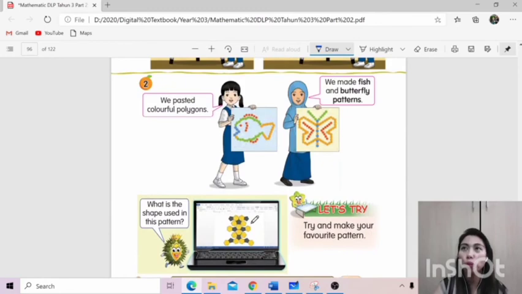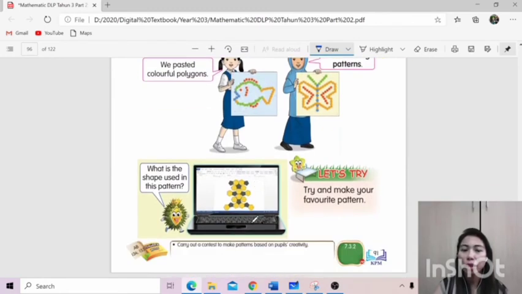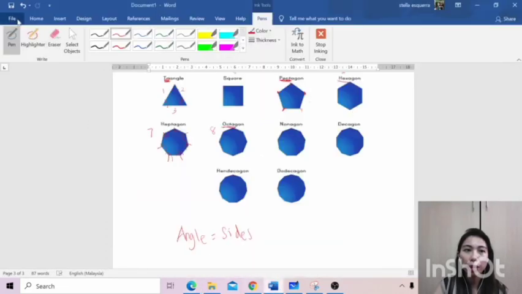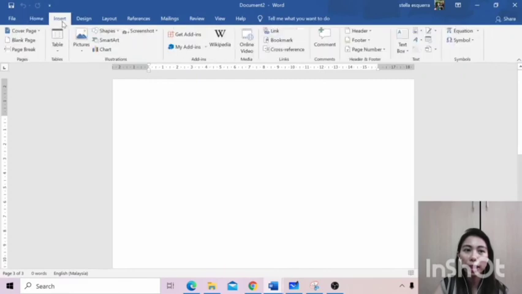You can draw, and then you can use your computer to make your pattern. If you have your computer at home, you can use Word. Inside Word, you go to Insert and go to Shapes.